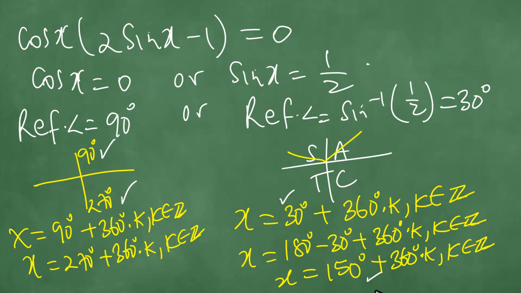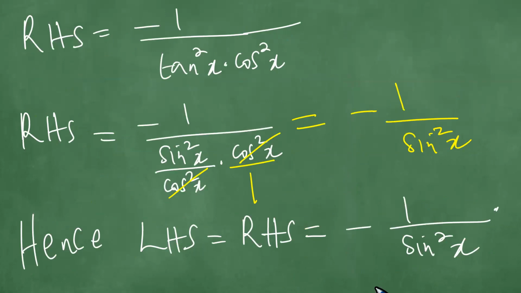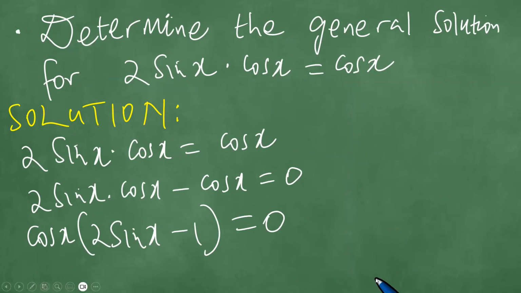These are two separate solutions, but really a set of four solutions, and we have solved this particular equation. This constitutes what we call the general solution to the trig equation. We looked at this one, determine the general solution, and we transposed the cosine x to the left.